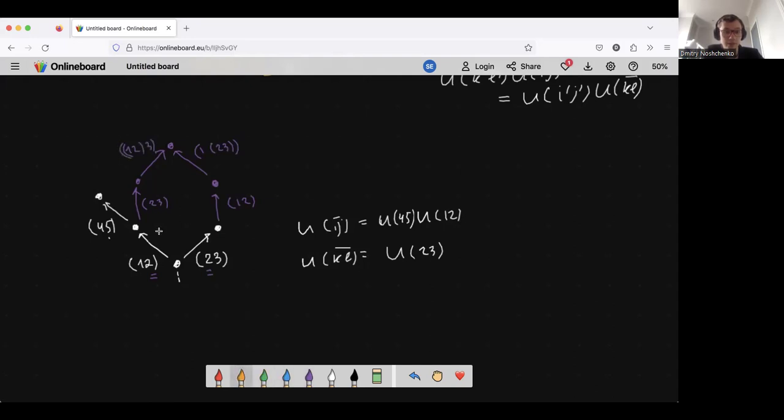But now at the second step, we can connect these two here, and they just commute because there are no repeating indices here and here. All indices are distinct, and we can just commute them by a square. Here is 2,3 again, and this is 4,5.